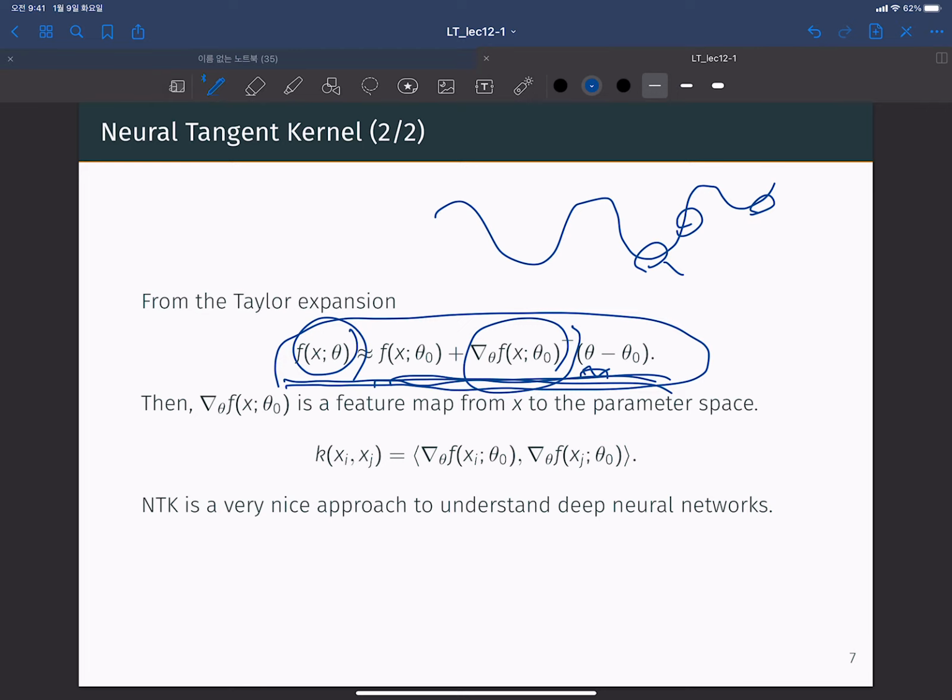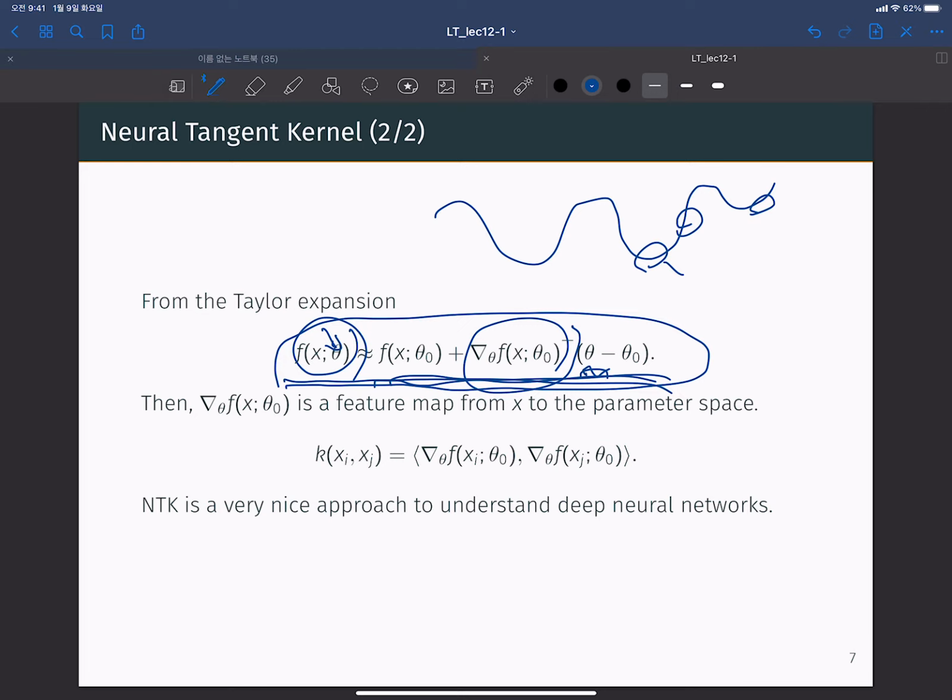Every single update is very tiny. So it is good to approximate the original function f(x, theta). When you consider the function with respect to theta, the parameter, the neural net parameter, it looks like this function is almost follow the tangent function with respect to the theta when you center at the original, the initial parameter theta 0.